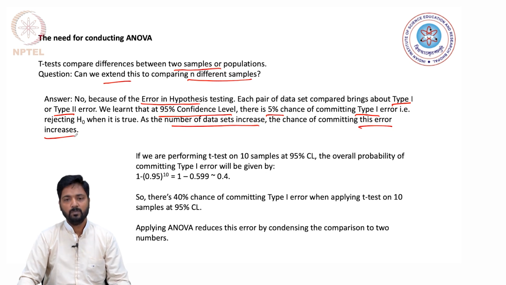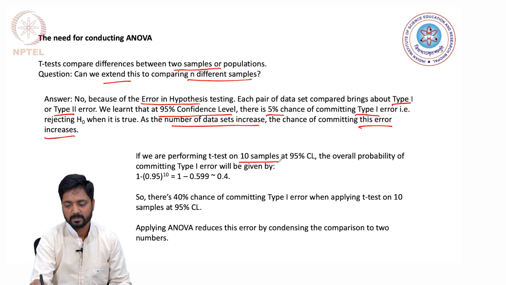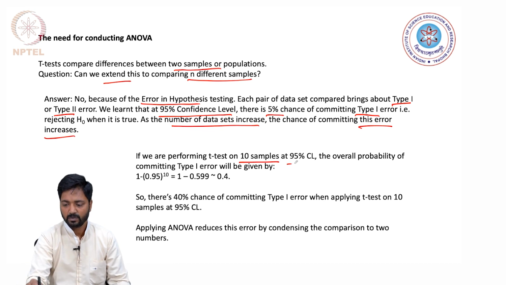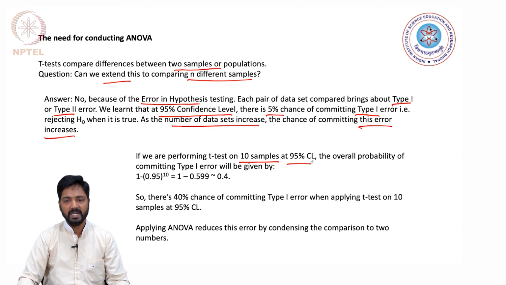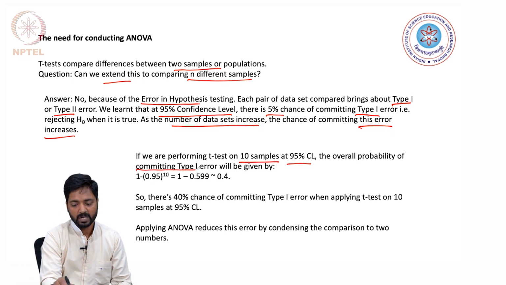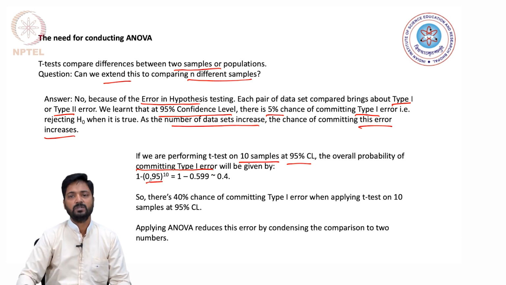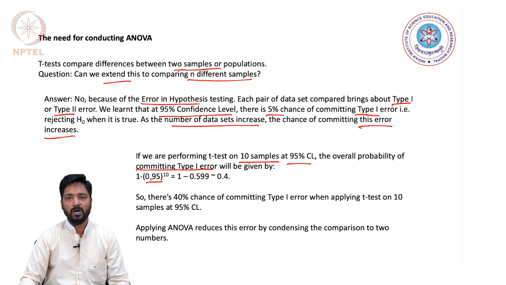For example, I have calculated what this error is if we are dealing with 10 samples at 95% confidence level, and we are applying the t-test and comparing different pairs of samples. The overall probability in this case of committing a type 1 error will be 1 minus 0.95, where 0.95 is our confidence level, to the power of 10, which is the number of samples being compared.